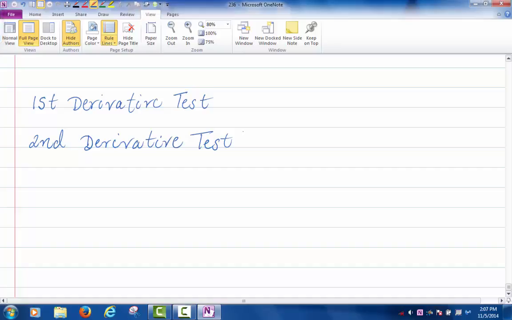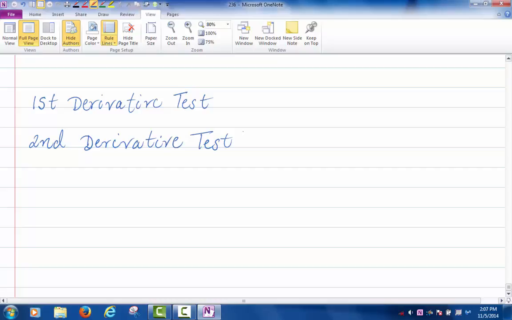And so what are these tests about? These are about the following. Given a critical point of a function, determine whether you have a local maximum value or a local minimum value there.